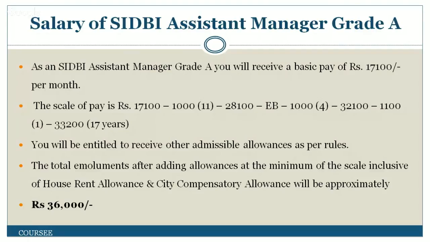And SIDBI Assistant Manager Grade A probation: the selected candidate would be on probation for a period of 2 years, which is extendable up to a maximum of 4 years at the discretion of the bank.